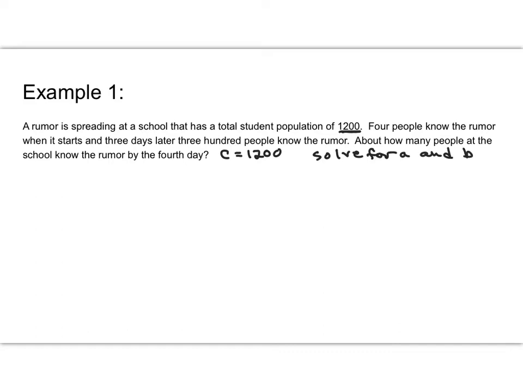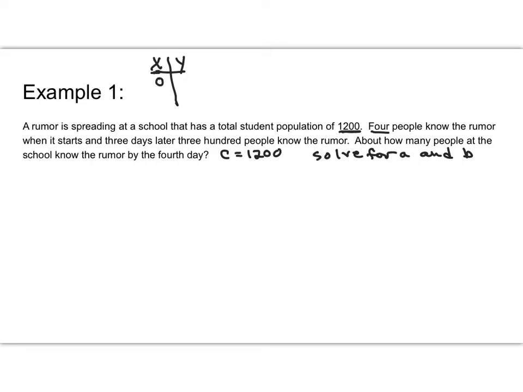But we need to look at what information we have that will help us. We know that when initial time, 4 people know about the rumor. So initial time is usually 0.